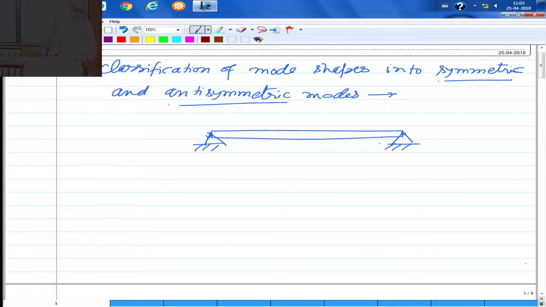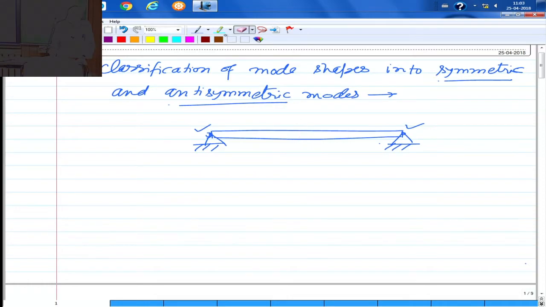The beam has a uniform cross section, and the boundary conditions at both ends are identical. So about the center line, this structure is symmetric.